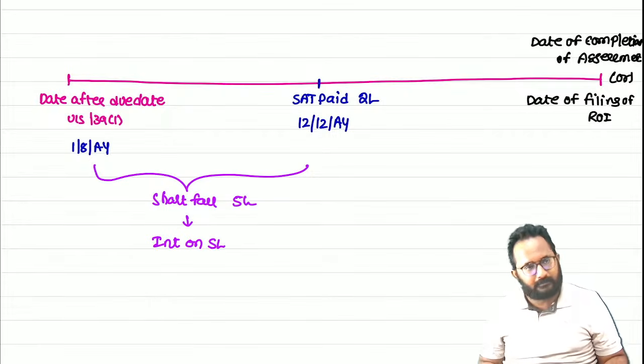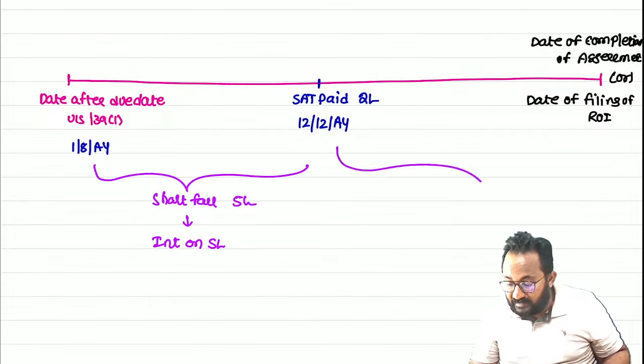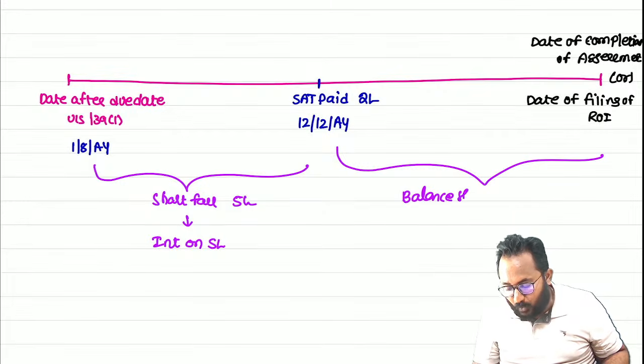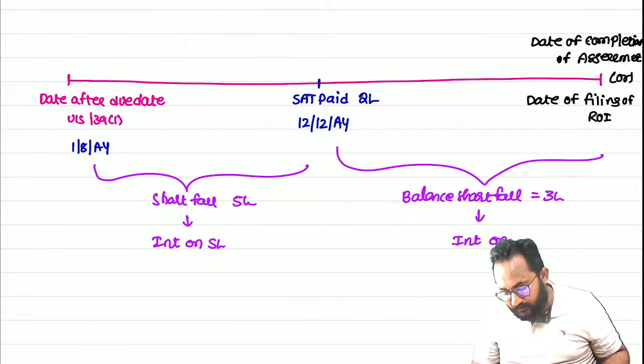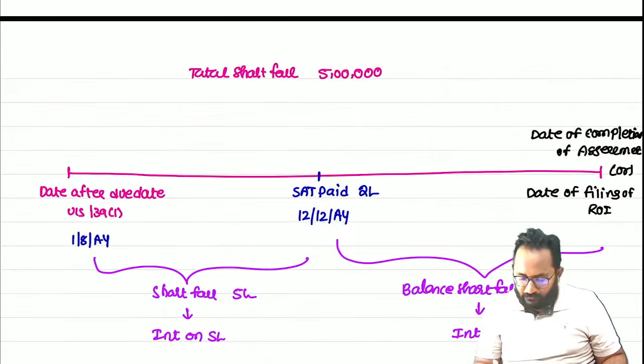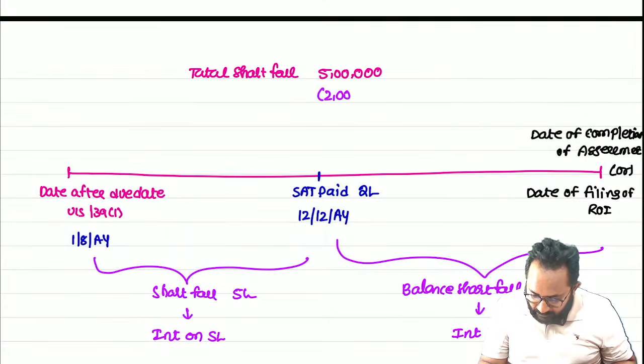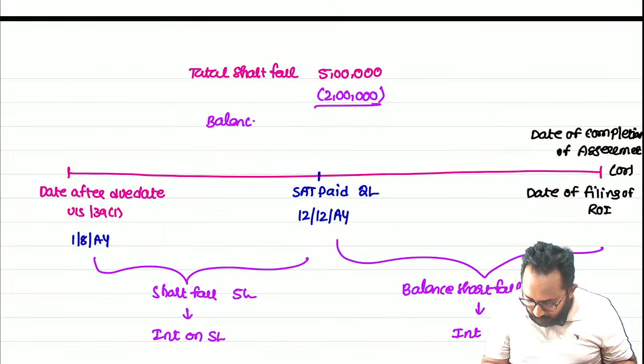But after this date, what is the balance shortfall, because you paid some amount of tax to the department? 3 lakh. Interest we have to calculate on 3 lakh. Understood? After making the payment of these 2 lakhs, the balance shortfall is 3 lakh.